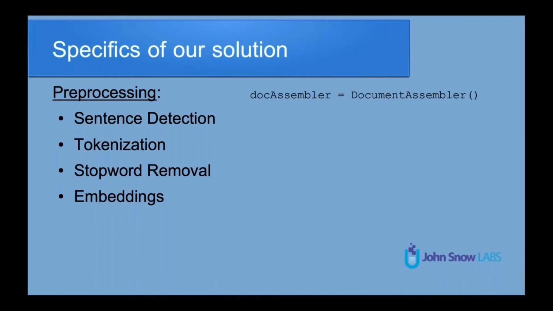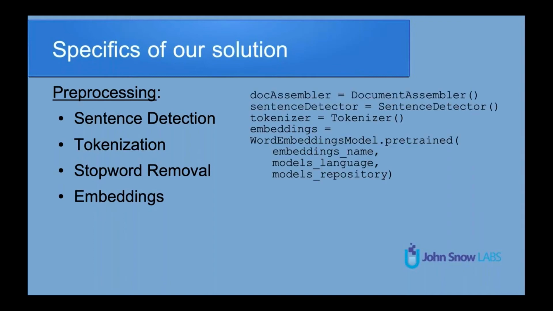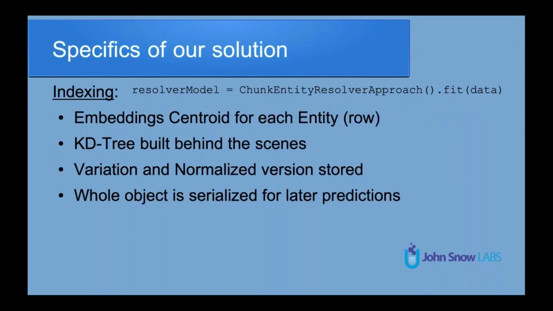And we have convenient functions for all these preprocessing stages. Assembling the document first, of course, then detecting sentences, tokenizing, having embeddings. Oh, I missed the stop word removal there, but we also have a line of code for that. Okay, we have covered preprocessing, and we have APIs for all the preprocessing stages.